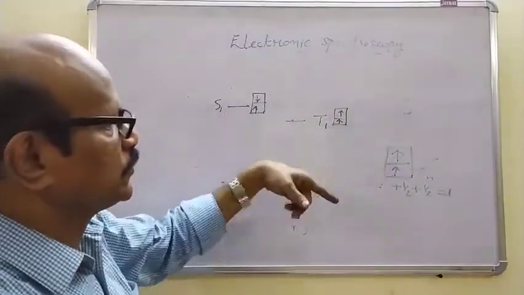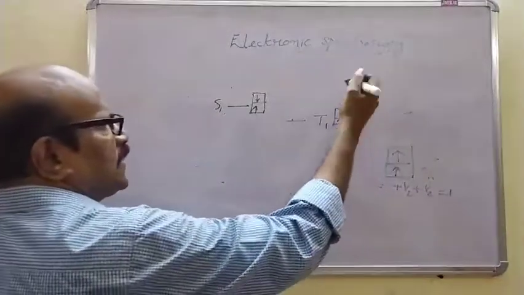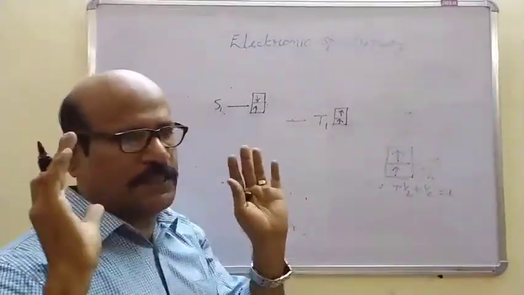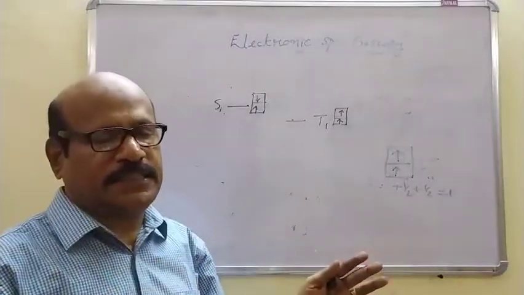It is slightly lower in energy than S1, because of the repulsion: since the electrons are of parallel spin, they always stay away from each other.